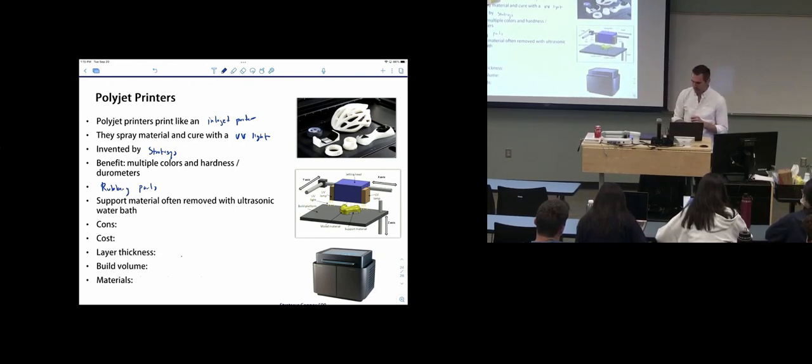Yeah. If they're printing with multiple materials, how do they deal with fusing them together? I don't know, other than that it's a bunch of heads, and those heads are each connected to a different material. When they're printing, it's just spraying the material.